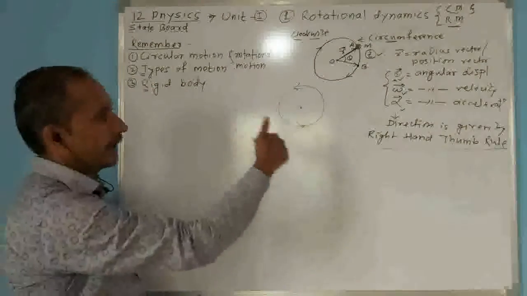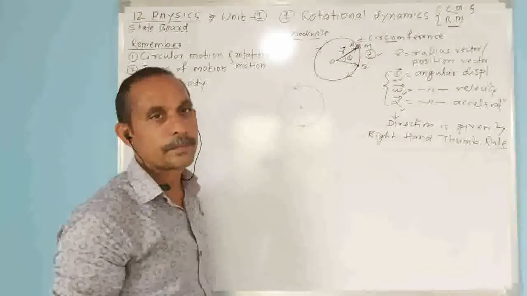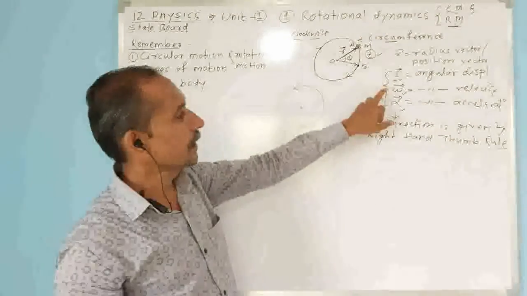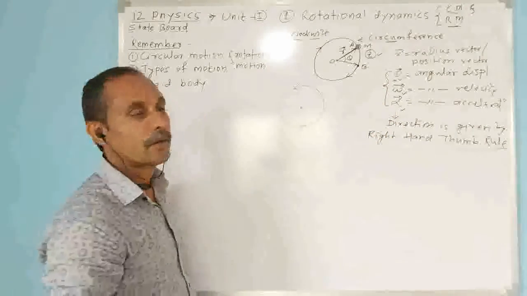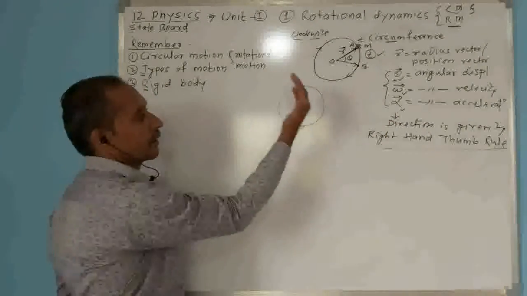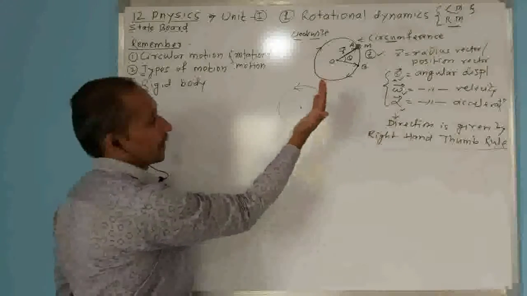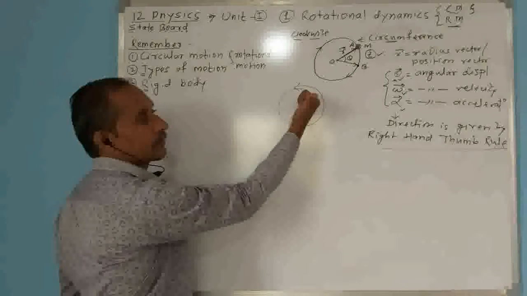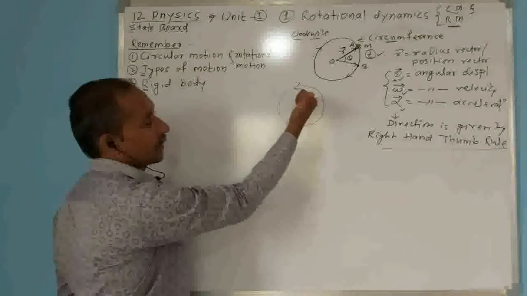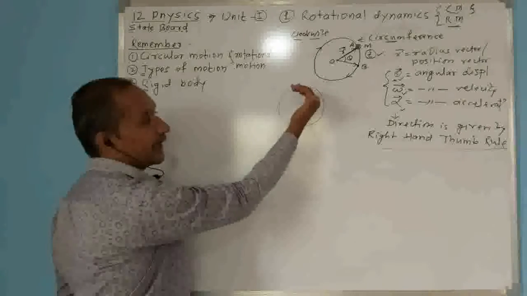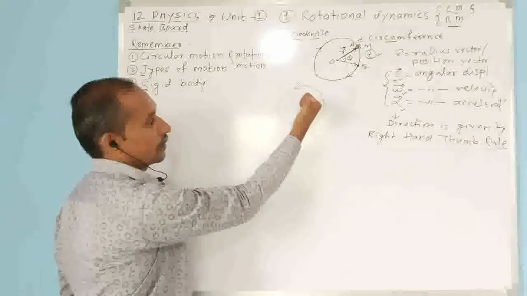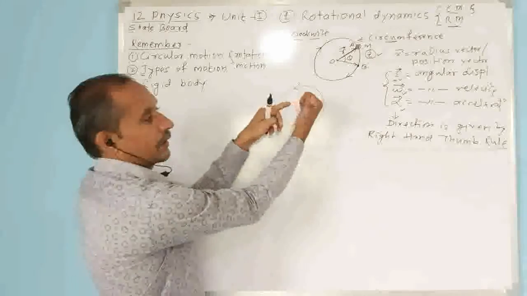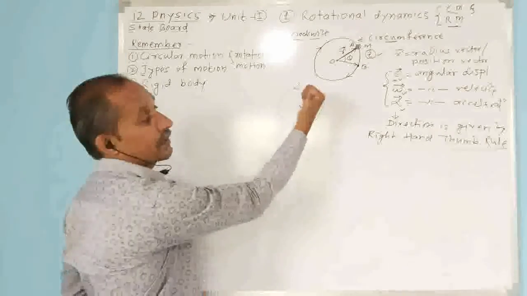This is anti-clockwise circular motion. For the anti-clockwise circular motion, what will be the direction for theta, omega, and alpha? Let's see. In the right hand, the fingers are curled in such a way that they indicate the anti-clockwise sense of movement of the body, and the thumb now gives the direction of the physical quantity.